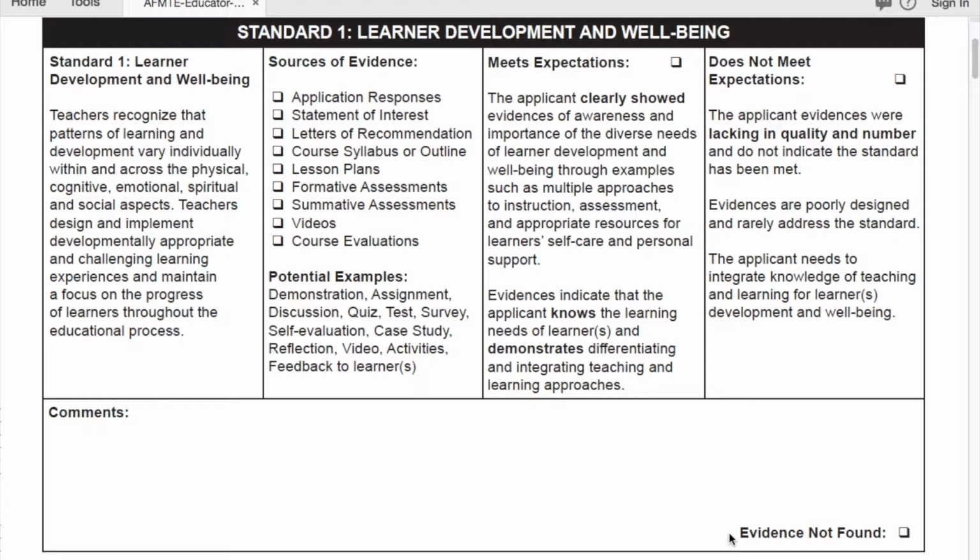So you do have that extra chance, but it's better to present overwhelming evidence in the beginning than to let the reviewers have the choice between, I didn't find any evidence, or hey, this person doesn't meet the expectations of this standard at all. So you want meets expectations to be pretty evident, and so in several places in your portfolio you may want to demonstrate that standard.